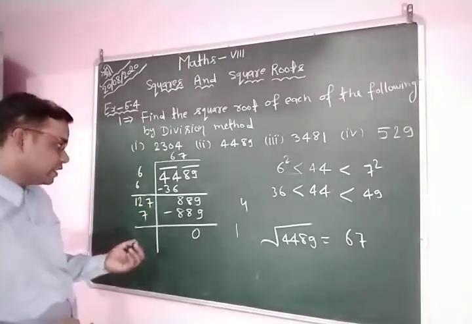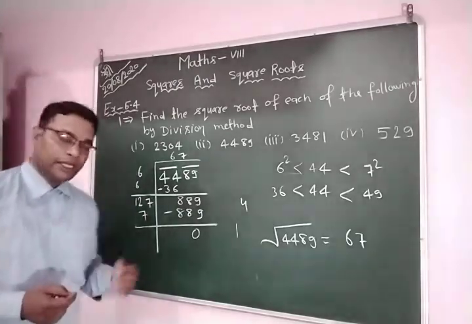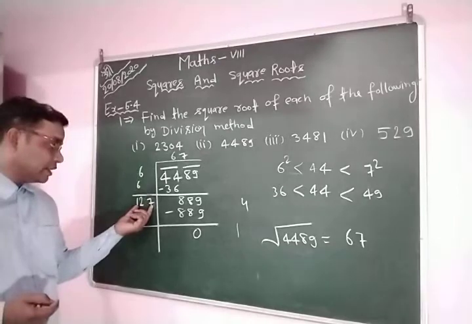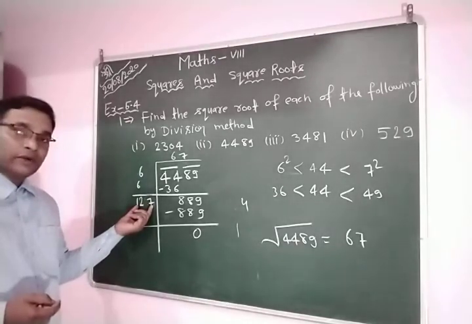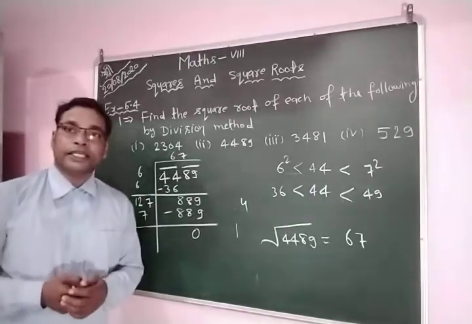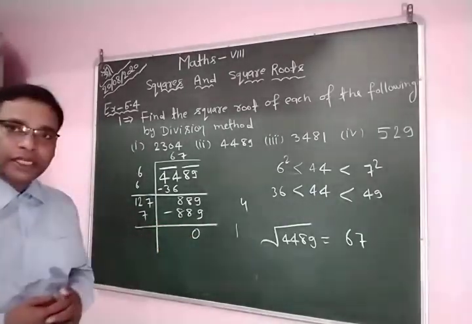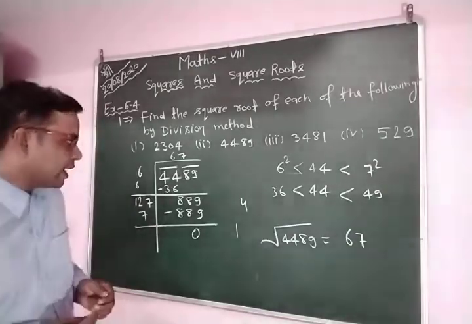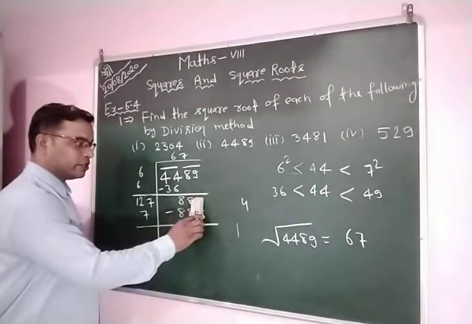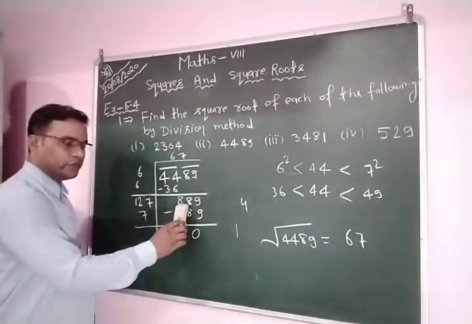Okay, so we select a number which, multiplied with the new divisor, is less than or equal to 889. How do we select in this case? We hide one number. Suppose you hide this 9, we see only 88.